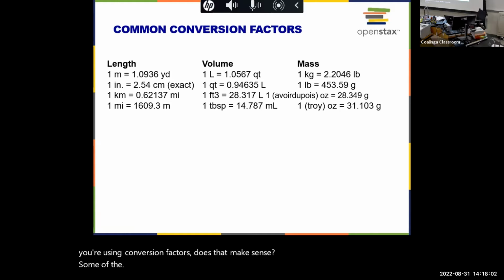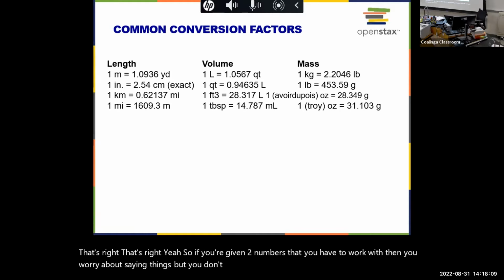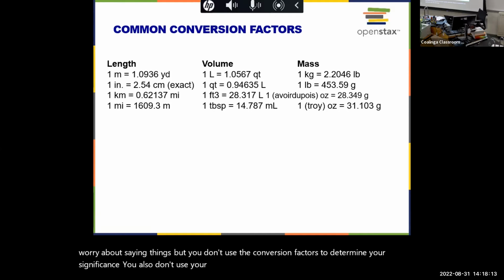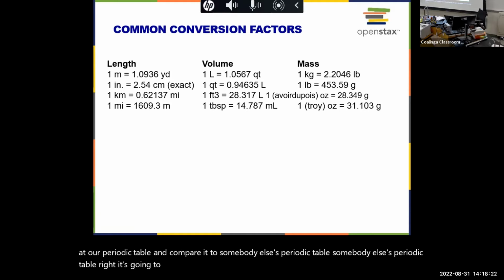That's right. Yeah. So if you're given two numbers that you have to work with, then you worry about sig figs, but you don't use the conversion factors to determine your significance. You also don't use your periodic table, because if you take a look at our periodic table and compare it to somebody else's periodic table, it's going to be different because they've rounded in different places.